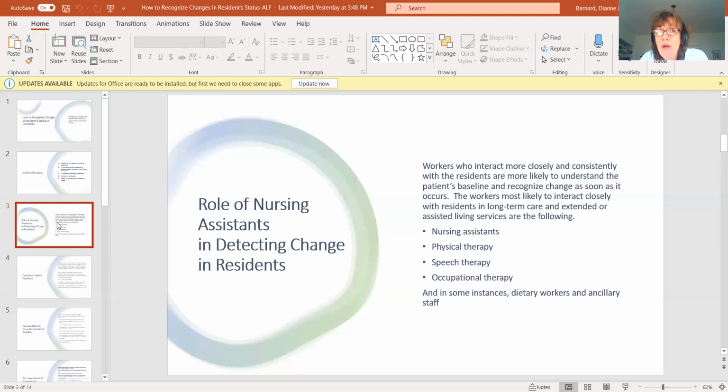Most of the people that come to live in these places need care of some kind. So they need some kind of direct IADL or ADL support. So those are the people that are right up there implementing those interventions. So you're the first line, you're the frontline worker.